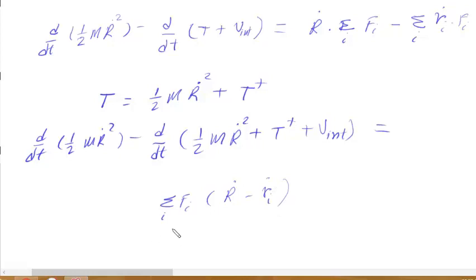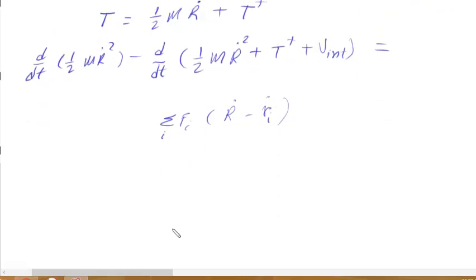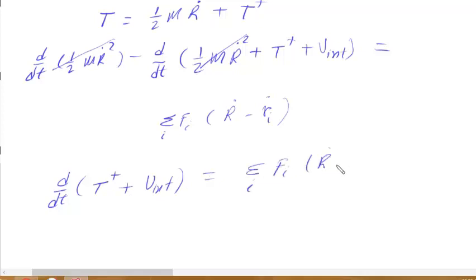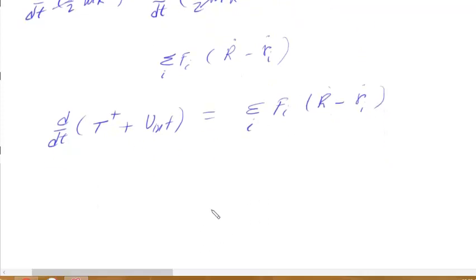Then this term is cancelled by this term, and we can write d/dt of T plus V, the internal potential energy, is equal to the sum of Fi · (Ṙ minus Ṙi).